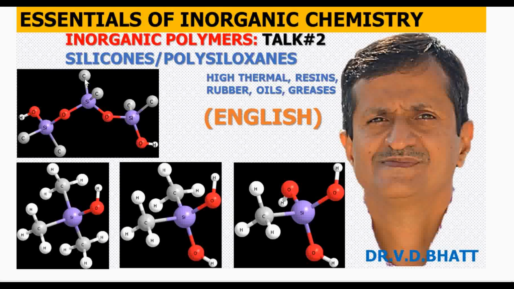Also, the silicon has two methyl groups attached to it. At the bottom, you will see one of the ingredients of the silicone polymers. This is trimethylsilanol. In the second figure, dimethylsilanol, and the third one is monomethylsilanol. I will be discussing the details about this later on.